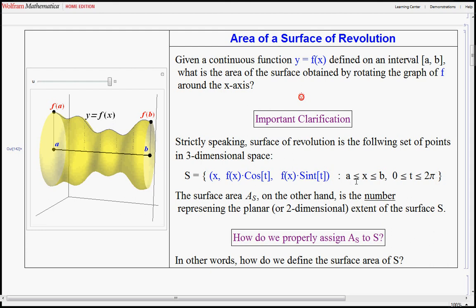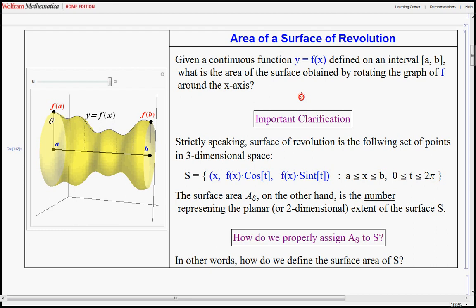If we kept picking x and t in these intervals, and plotted triples of numbers in a three-dimensional coordinate system according to these three formulas, we would obtain the surface of revolution of our function f.